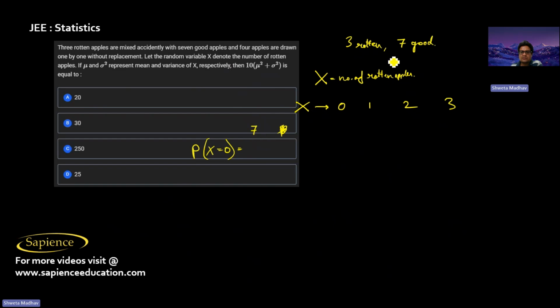So out of the 7 good apples, we can choose any 4 in 7C4 ways, and the total number of ways is 10C4. This is actually 7 by 4 into 6 by 3 into 5 by 2 into 4 by 1 divided by 10 by 4 into 9 by 3 into 8 by 2 into 7 by 1.